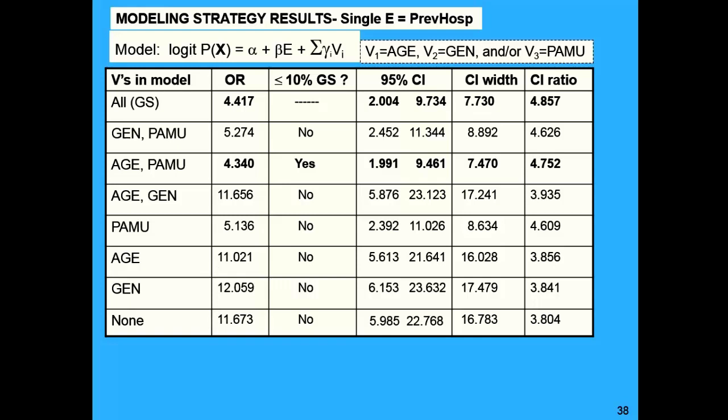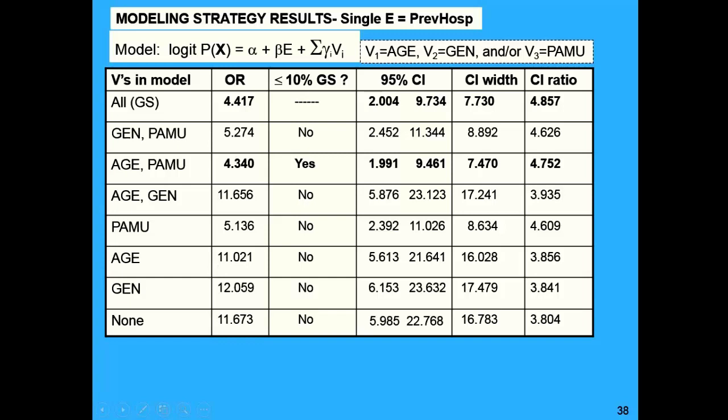So that meant that we could start with a model that didn't have any product terms, and it had the exposure variable and the gold standard model, the model that considered everything that we decided to measure and worry about as possible confounders. So we had those three variables, age, gender, and PAMU in the model.